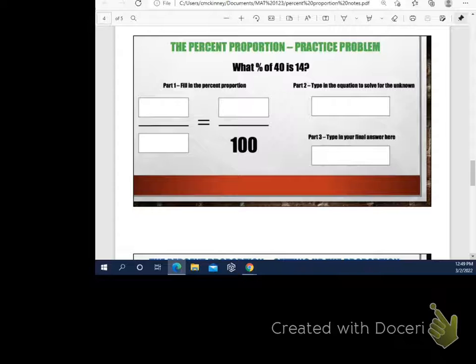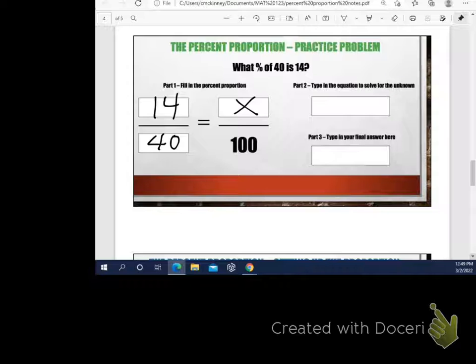So we have another one that is what percent. As soon as I see what percent, then I know my x, or whatever letter I choose to use, is going to be on the top of my 100. Of goes on the bottom, so of 40. And then 14 is on top.